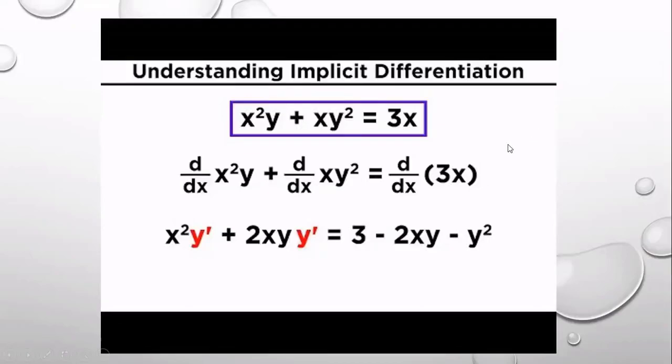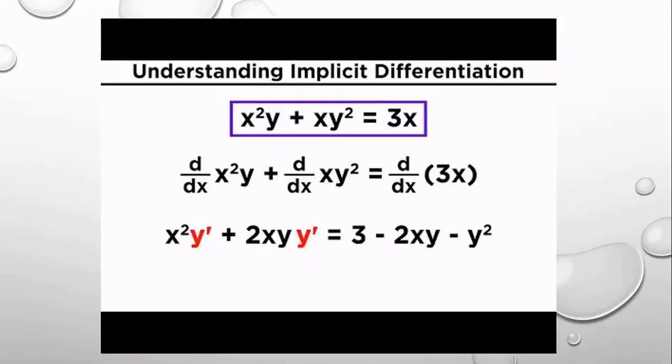So d over dx of 3x equals d over dx of xy square plus d over dx of x square y. Here, what you want to keep in mind is that both are variables, right? Variables are joined together. So don't take one constant, one variable.